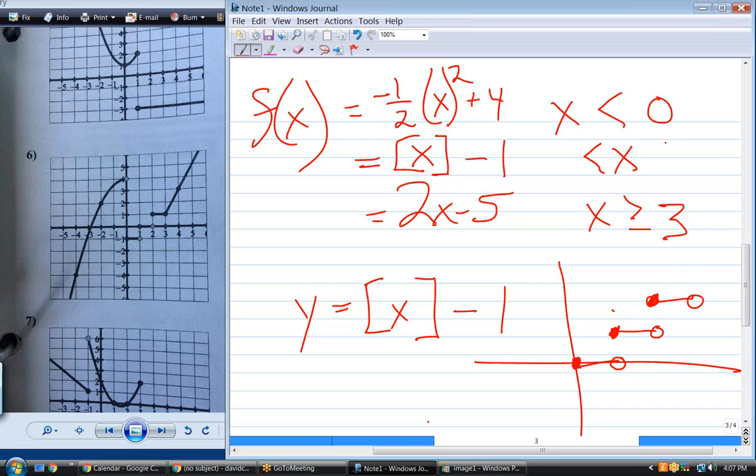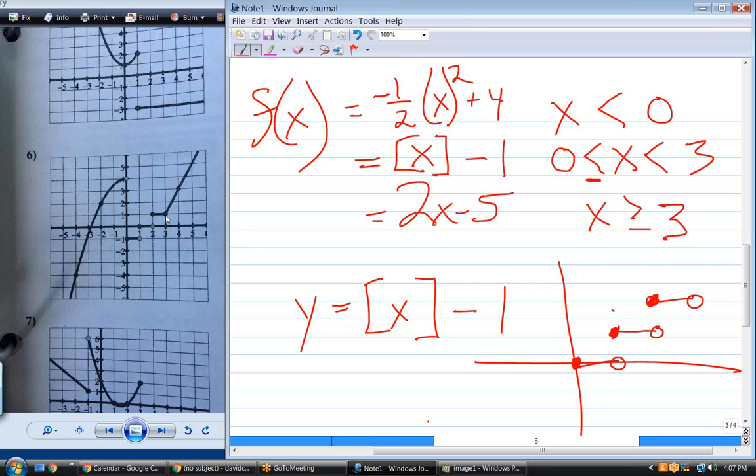X has to be greater than 0? Well, let's see what's going on at 0. I'd say greater than or equal to. We got a closed dot right there. And less than what? 3. Correct. And this is not less than or equal to.